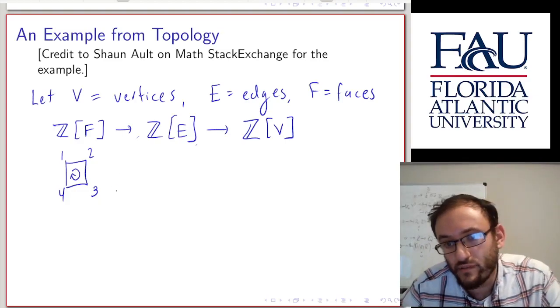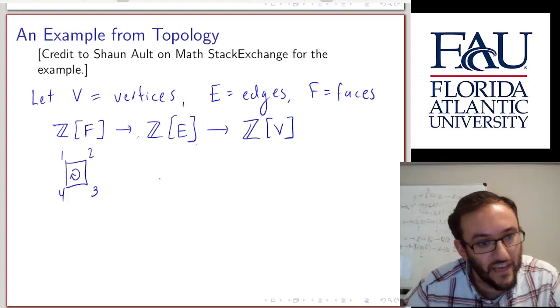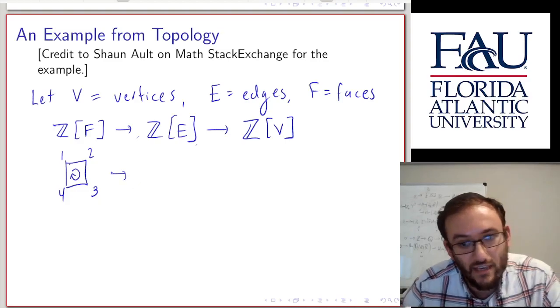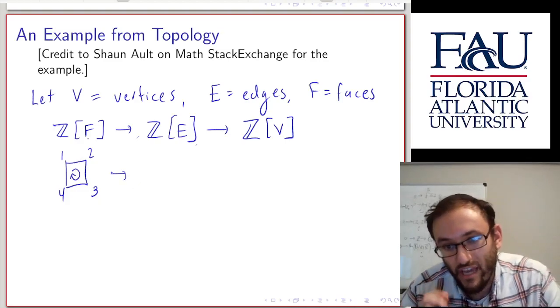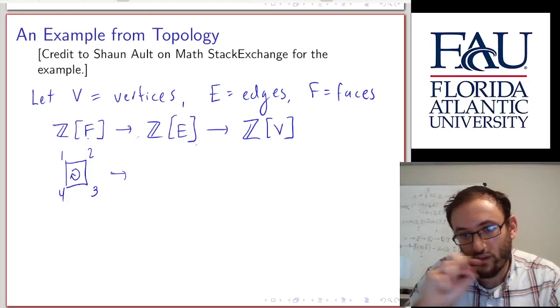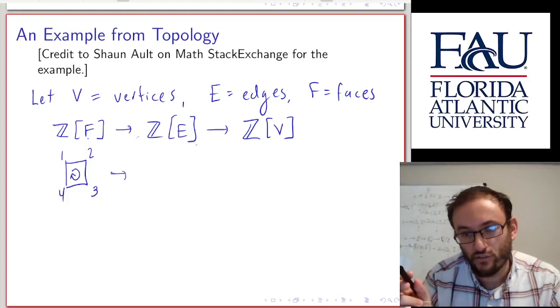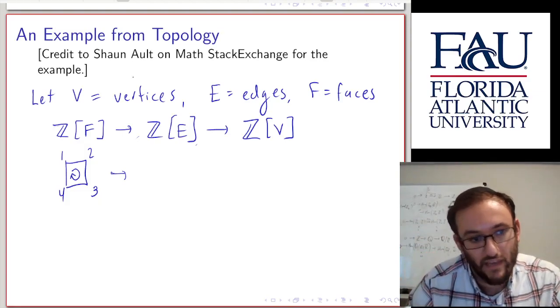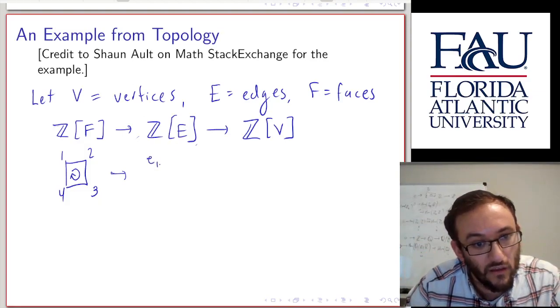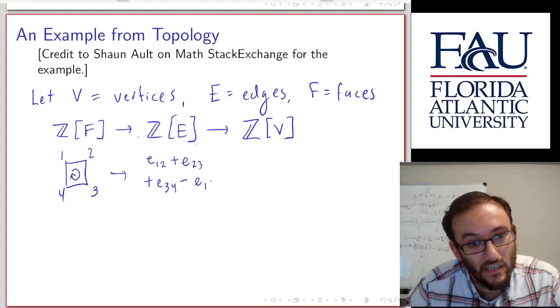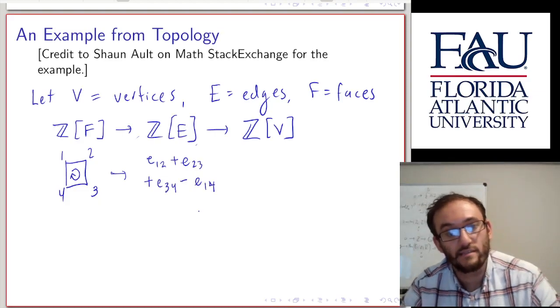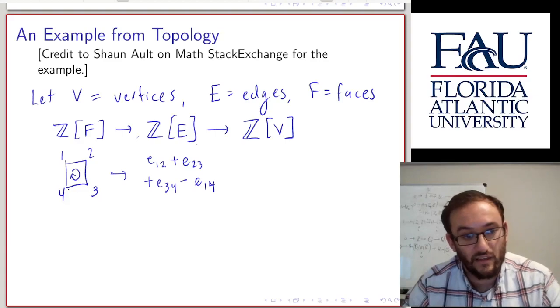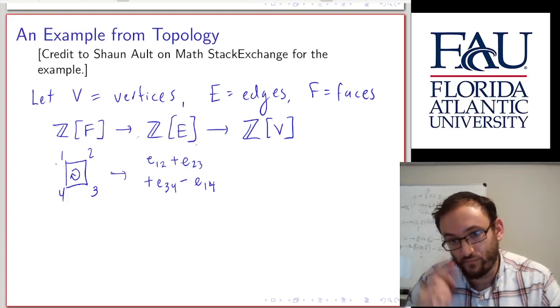And then to map to the module of edges, we take each edge with a sign corresponding to whether you're going from the smaller vertex to the larger vertex, it will be positive, and if it's the opposite, it'll be negative. So here we'll have E12 plus E23 plus E34 minus E14. Okay, because we start at vertex 4 and go to vertex 1, so it gets the negative sign.